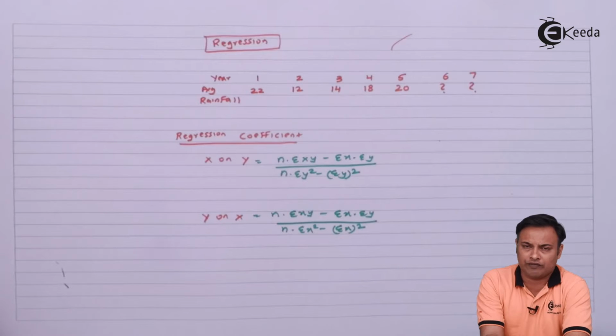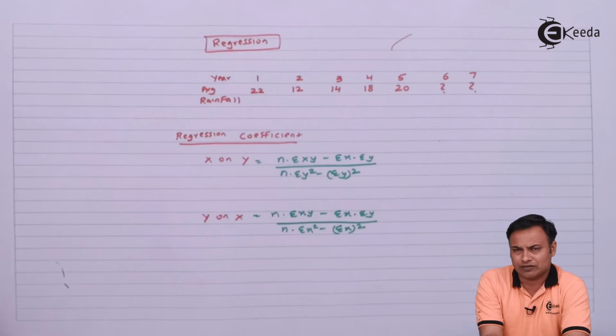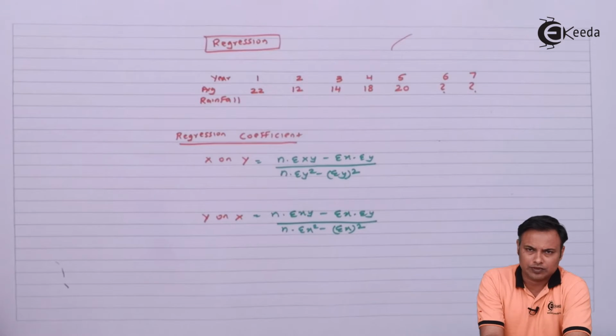Once these two coefficients are calculated, we can easily estimate any one value provided the other value is given. So I can estimate x when y is given in the problem. I can estimate y when x is given in the problem. For that we have two equations, regression equation x on y and regression equation y on x.